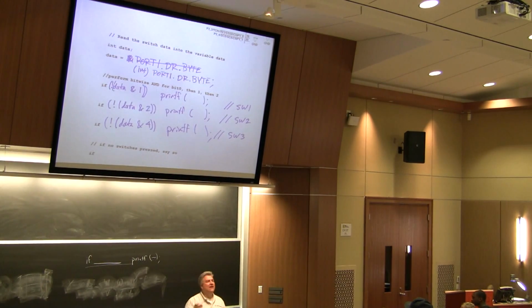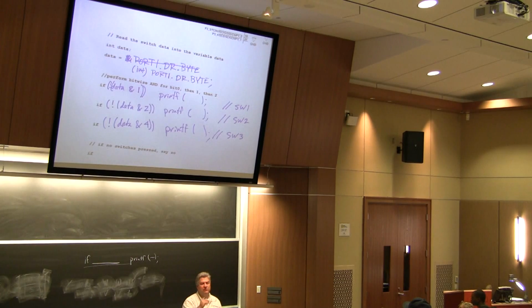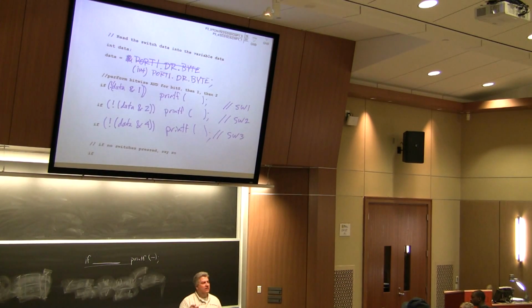Well, we want to find if any of them are pressed or if all of them are pressed. Which is it? Any of them are pressed. So if we AND it with 1, 1, 1, if any of them have been pressed, will that work?